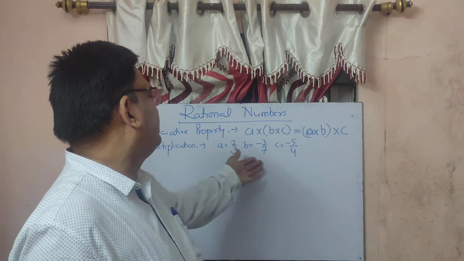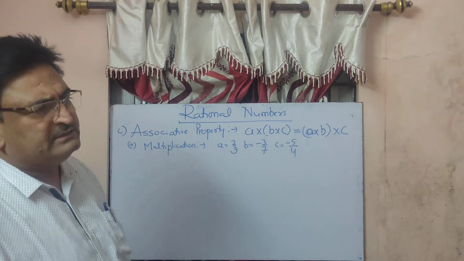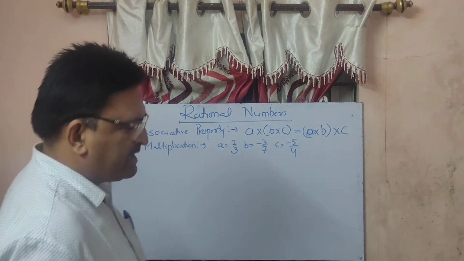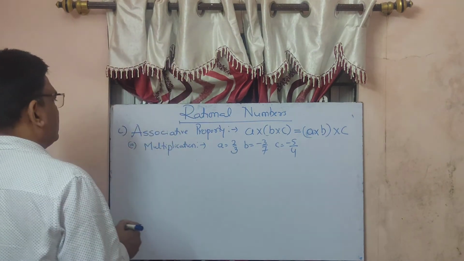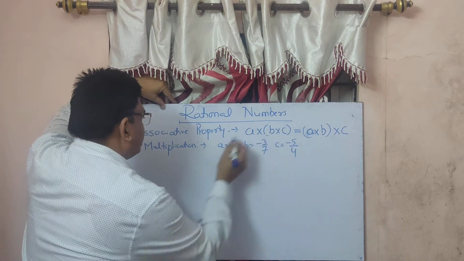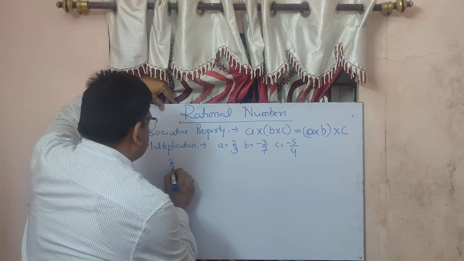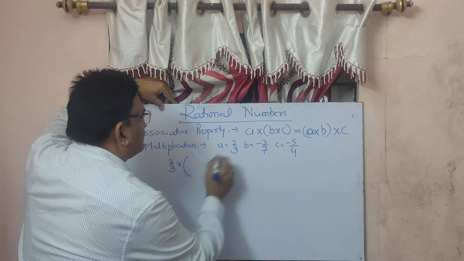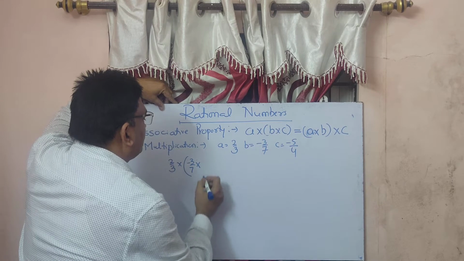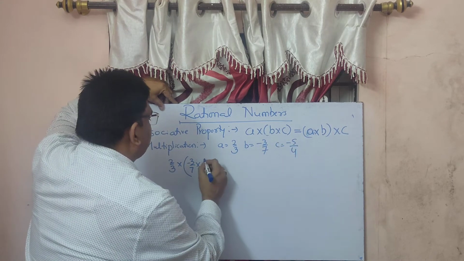Every time you write it like this, A, B, C. Okay, now we are doing multiplication. So again the same formula you write. That is 2 upon 3 into B, which is minus 3 upon 7, into C, which is minus 5 upon 4.